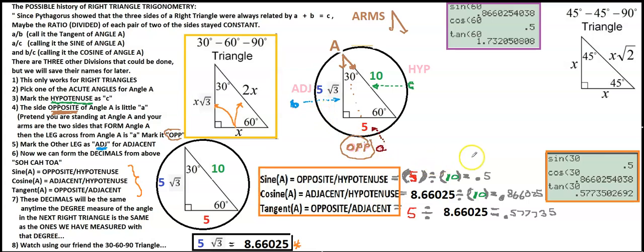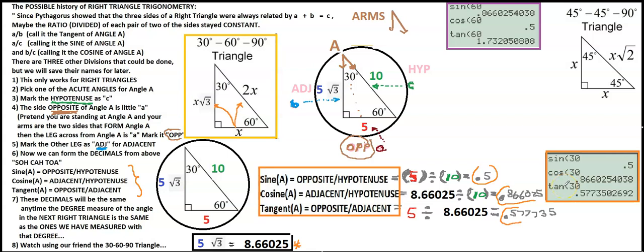So when you do that, you get these decimals: 0.5, 0.866025, and 0.57735. They are stored in the calculator in the buttons sine 30, cosine 30, and tangent 30. We can use them later in other right triangles that have a 30, 60, and 90 triangle.